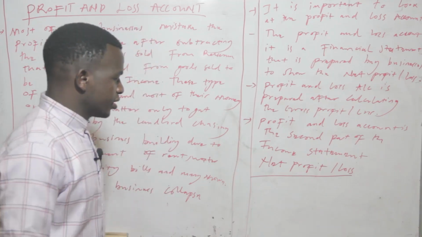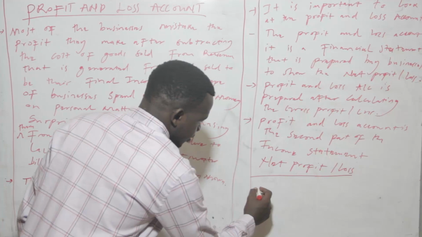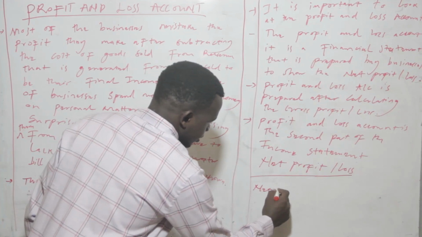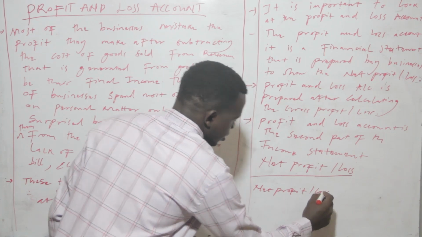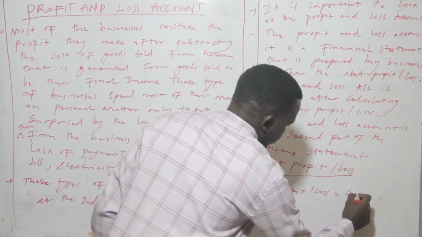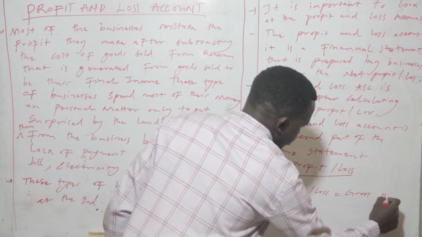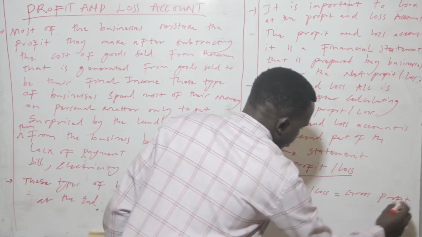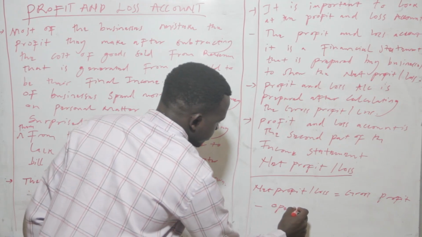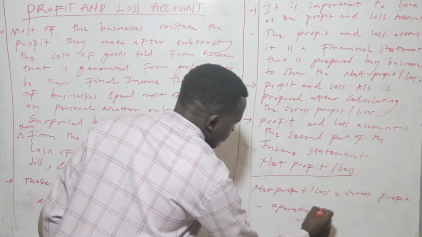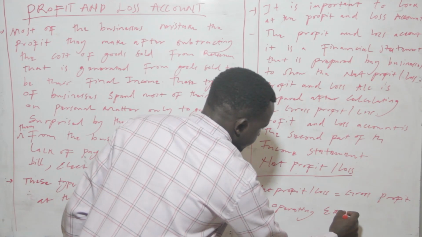So we can use this formula: net profit or loss is equal to gross profit minus operating expenses.